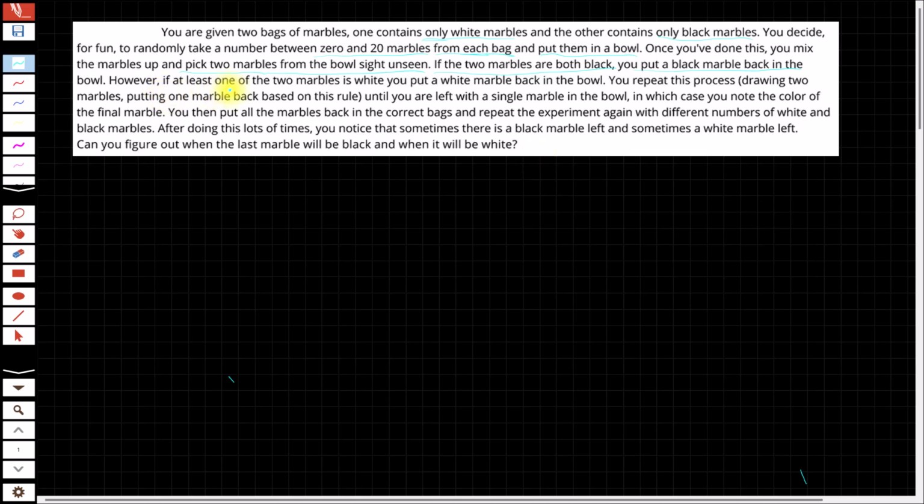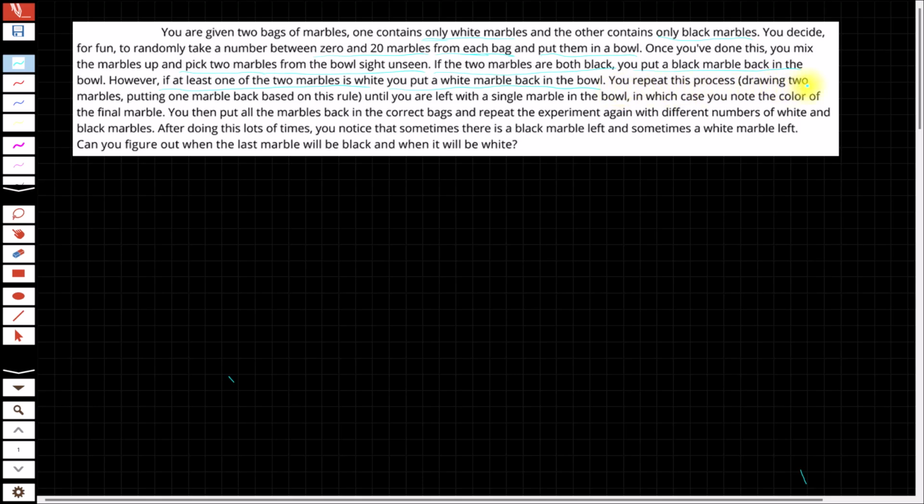However, if at least one of the 2 marbles is white, you put a white marble back in the bowl. If at least, so we're picking 2 marbles. If at least one of those marbles is white, we put 1 back in. If the 2 marbles are white, we still put that 1 white marble back in.